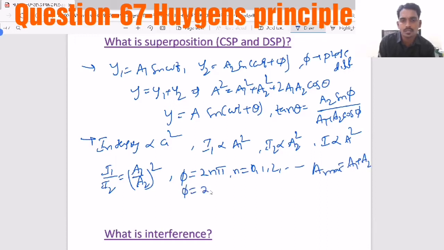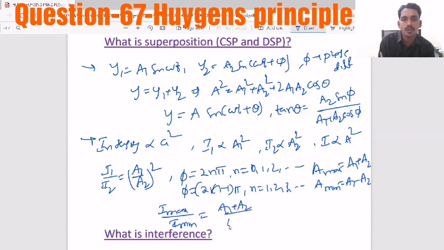Similarly, when the phase difference is (2n minus 1) pi, where n equals 1, 2, 3 and so on, A becomes minimum, that is A1 minus A2. So the ratio of maximum intensity to minimum intensity is (A1 plus A2) by (A1 minus A2) whole squared, or else (A1 by A2 plus 1) by (A1 by A2 minus 1) whole squared.